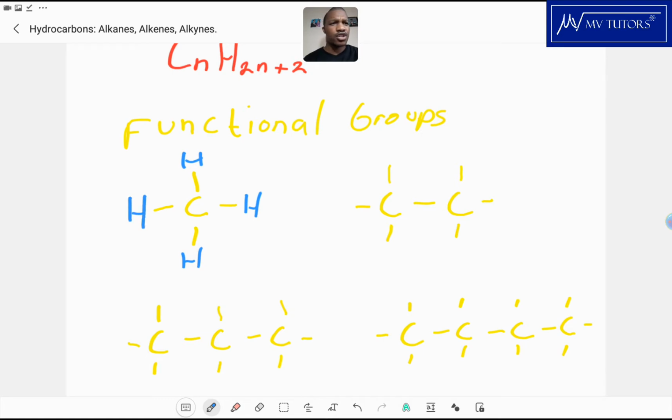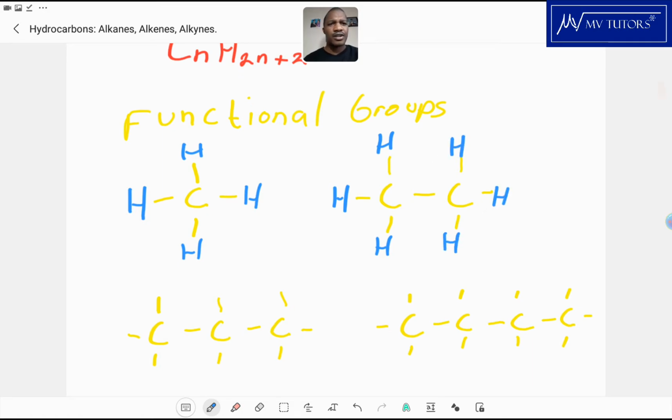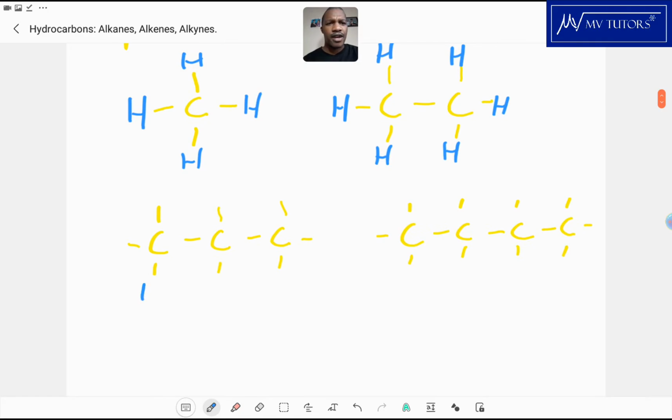So it's a structure. Think of a building, a high-rise building. It's got a first floor, second floor, third floor, and all of those floors.